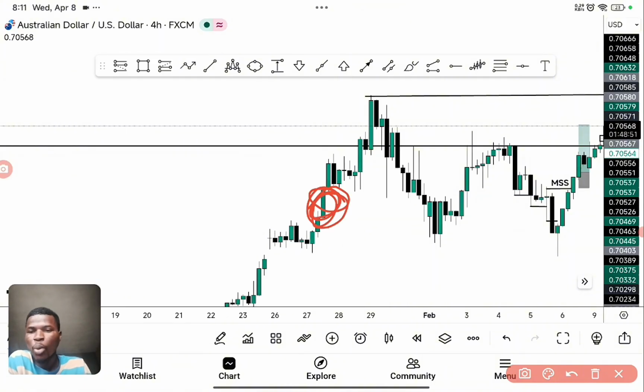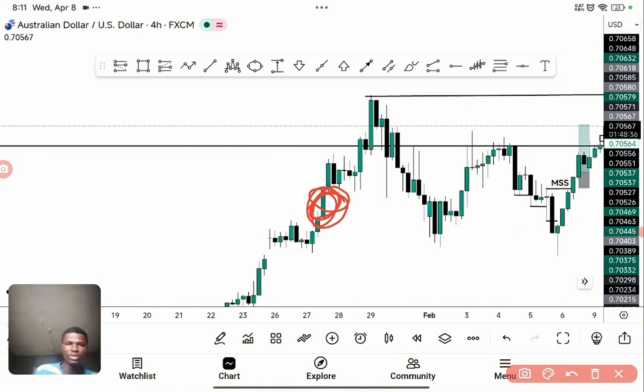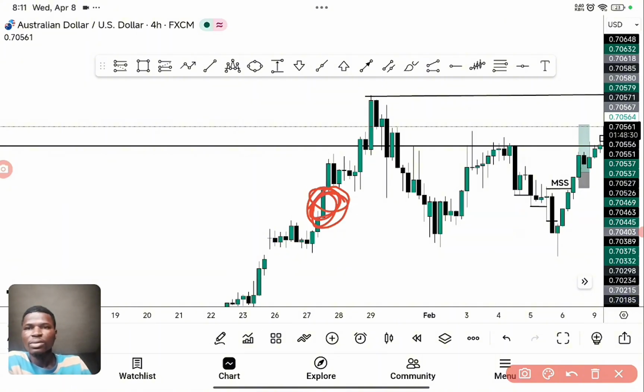The market is moving upward. When you spot this one, the market is buying. It means the buyers are in full control. And here you can see this sharp rejection. You can see this is a hammer.